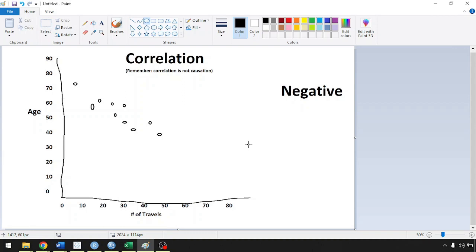There may be other confounding variables or covariables that may have contributed to this relationship, but not necessarily one variable causing the other variable to change.